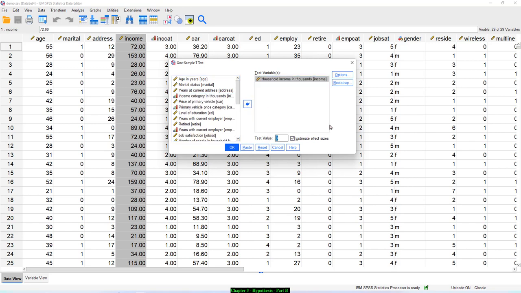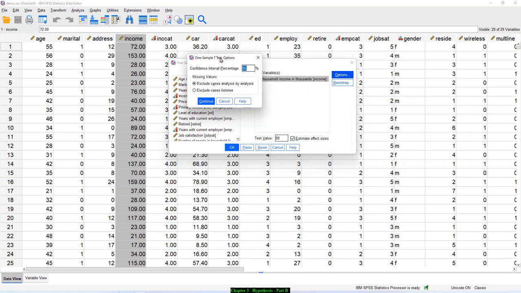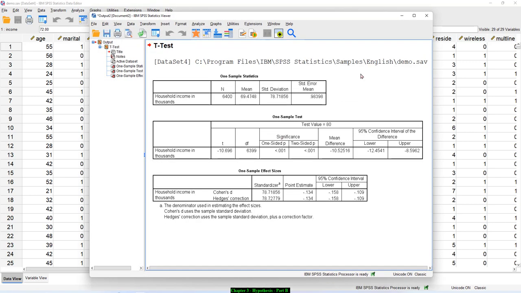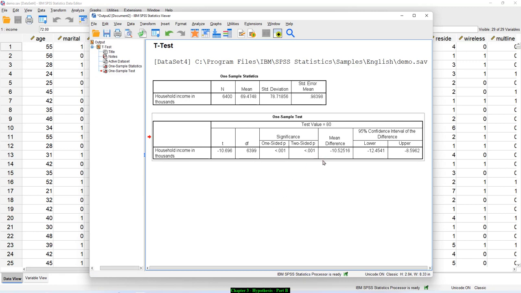Let's say I want to claim that the household income is more than 80,000. I make sure my level of significance is 0.05, and click Continue and click OK. SPSS will give me 3 tables, but actually the last table is not required, as a start.